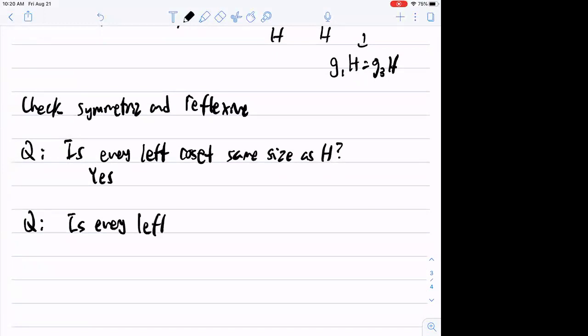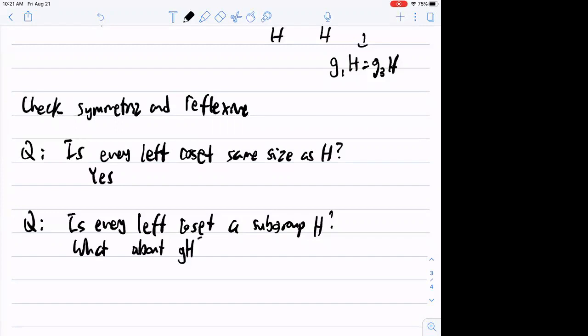Okay, so a question for the class is, is every left coset a subgroup? So H is a subgroup. What about GH? In other words, what about GH for G in G?